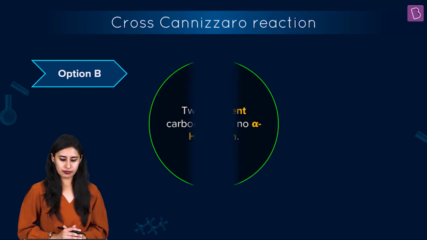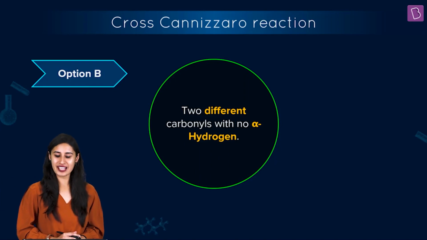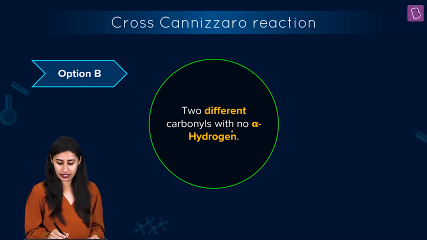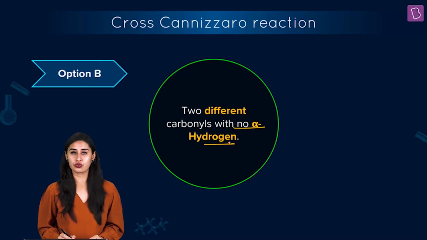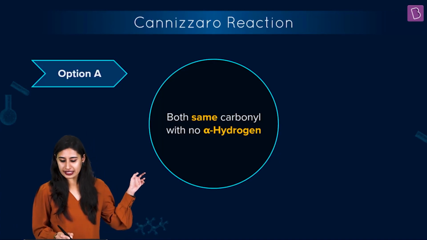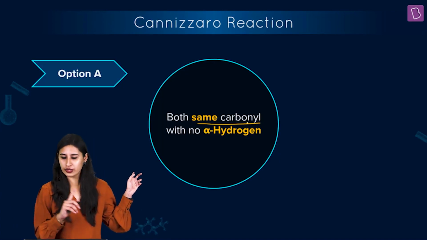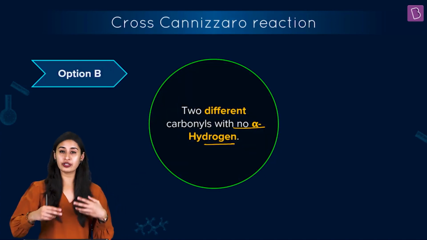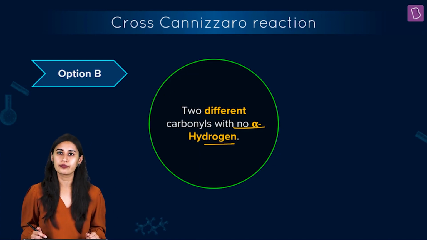What about option B? Cross Cannizzaro reaction. Here what do we have? In cross Cannizzaro, we need to have two different carbonyls with no alpha hydrogen. So when we had the Cannizzaro, we had the same carbonyl with no alpha hydrogen. Now we have two different carbonyls with no alpha hydrogen.